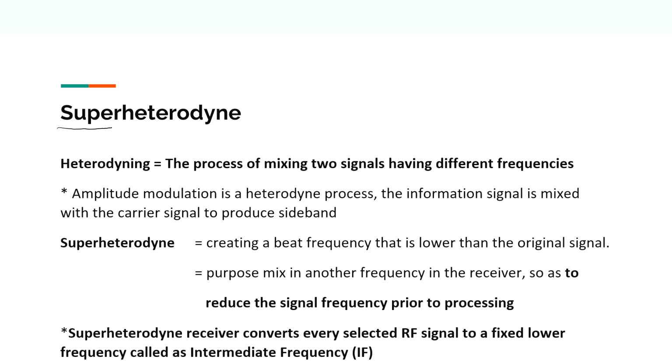Okay, what is superheterodyne? Heterodyning is the process of mixing two signals having different frequencies. Amplitude modulation is a heterodyne process because the VMT information signal is mixed with the high frequency carrier signal.